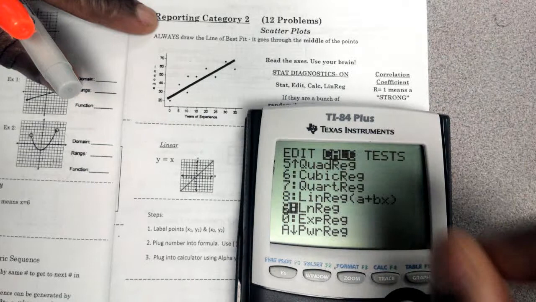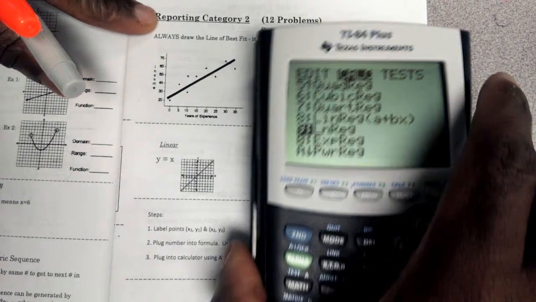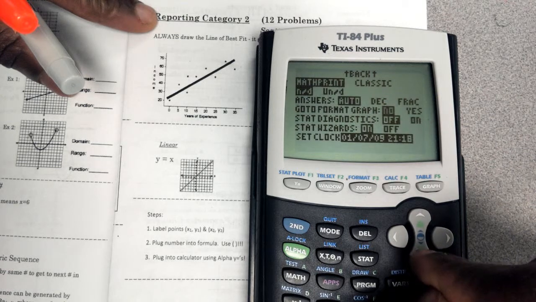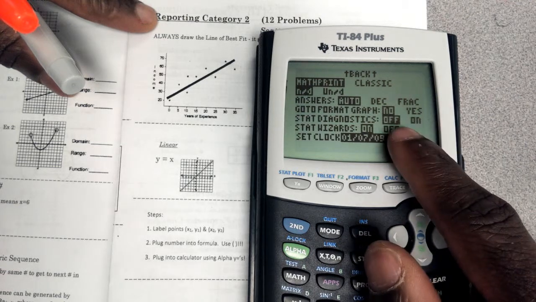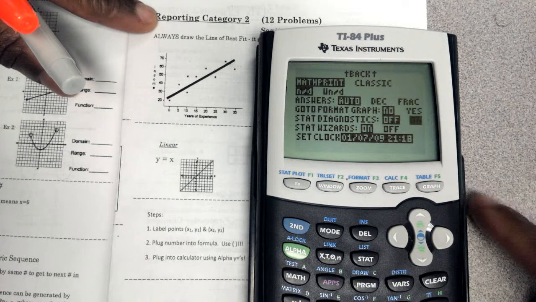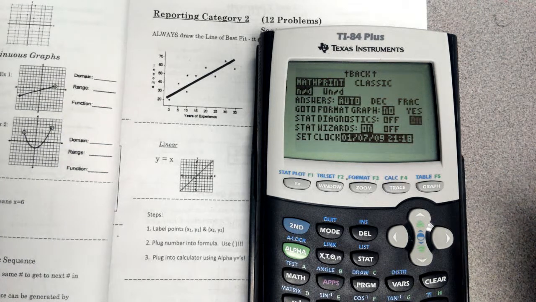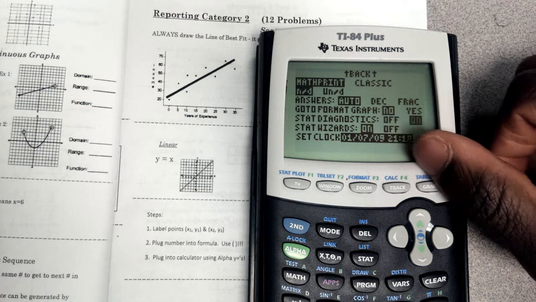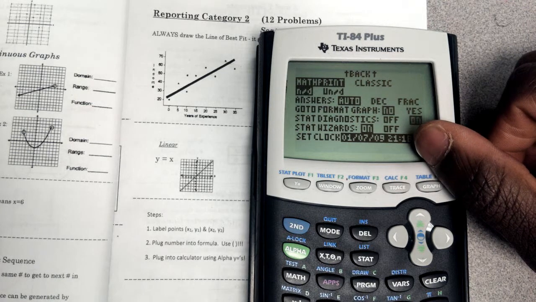But in order for that correlation coefficient to come on, you have to go to mode and turn your stat diagnostics on. By default it's off, so you just go over, press enter. It isn't completely necessary to turn it on because I'm sure a lot of us are going to forget, but if you can remember to turn your stat diagnostics on and you have a question about correlation, it'll be easy to answer.